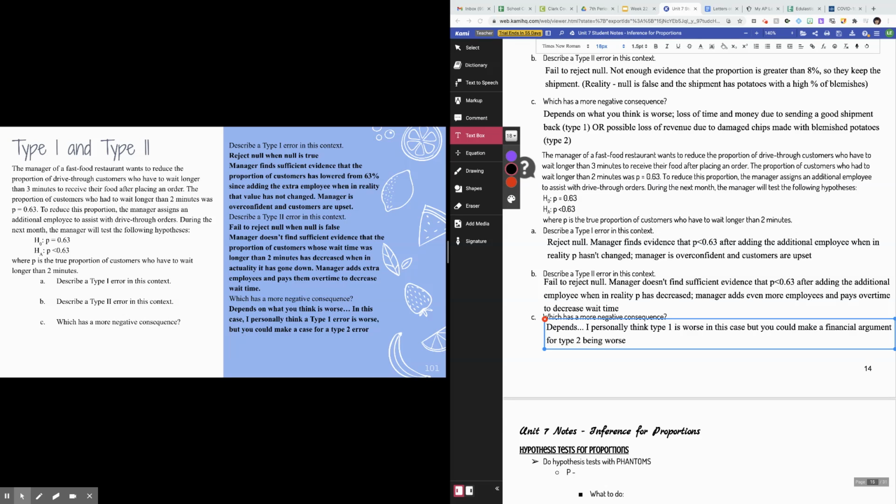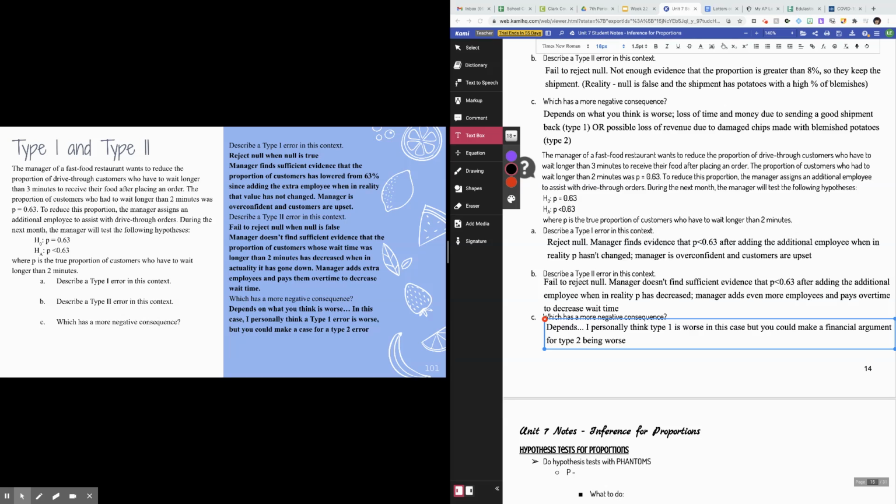The manager has not found sufficient evidence that the proportion has lowered after adding the additional employee, but in reality, the alternative hypothesis is true, and p has actually decreased. The possible consequence of this is that the manager doubles down and adds even more employees, and then ends up having to pay them overtime, or have to hire more people in order to decrease the wait time.